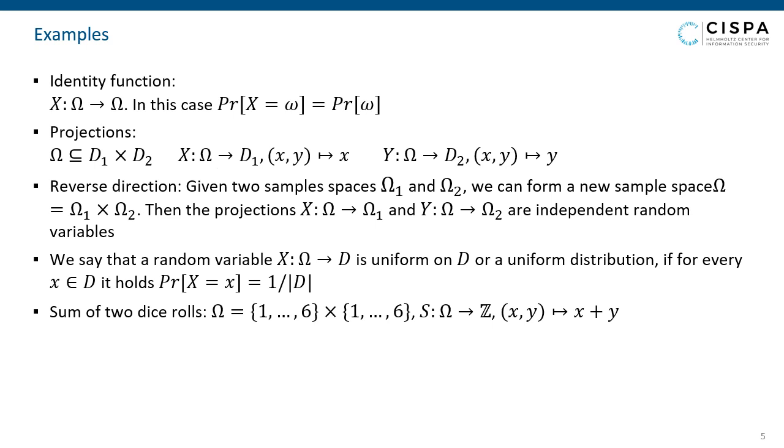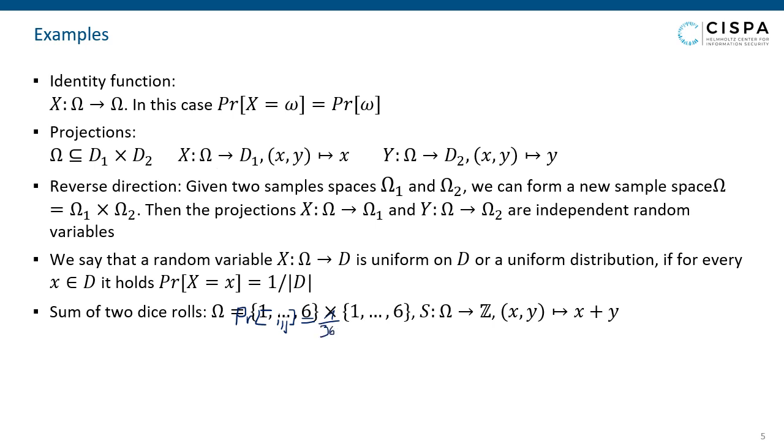Say our sample space is Omega, which is the product of the set that contains 1 through 6 with itself, and we have that the probability of (i, j) for every (i, j) in Omega is just 1 over 36.